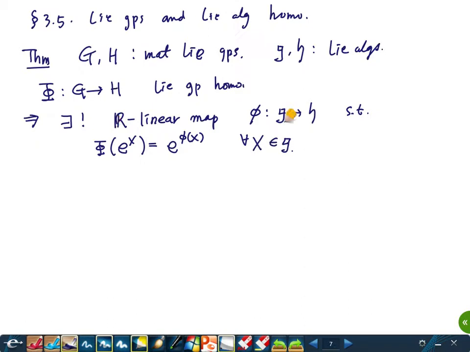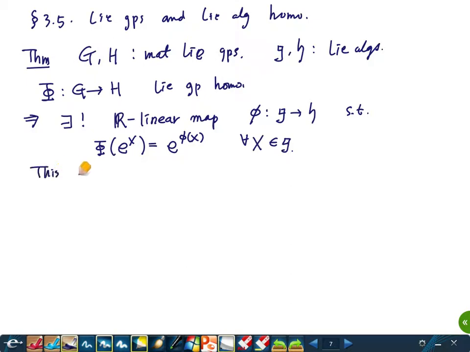So there is a unique R-linear map with this property. For right now, we don't know yet whether this φ is a Lie algebra homomorphism, but it turns out that it is. So for now, we just know that there is a unique R-linear map satisfying this.